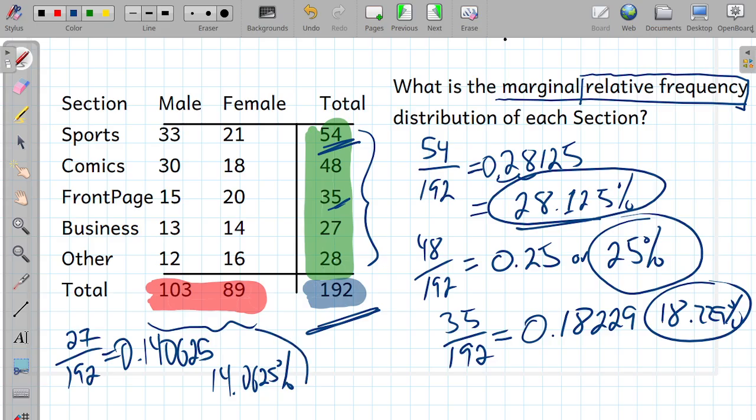Finally, we have 28 in the other section. So 28 out of 192. My handwriting's terrible, you know that. 28 divided by 192. I don't have a lot of room, so I'm just going to write the percentage. This is 14.583%.